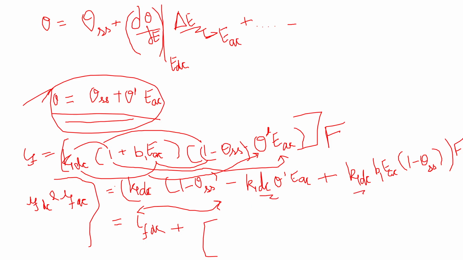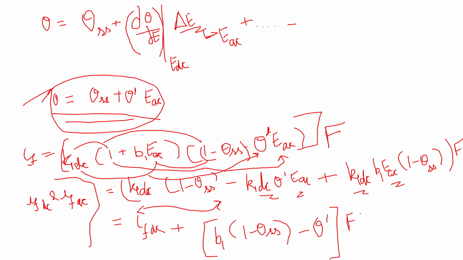It's common in everything, right? So what will be left? I'll have B1 into 1 minus theta SS, the last term. You see, EAC term is also common. So I can take K1 DC outside and EAC also outside. And from this term, I'll have minus theta dash. So what all will I have outside?